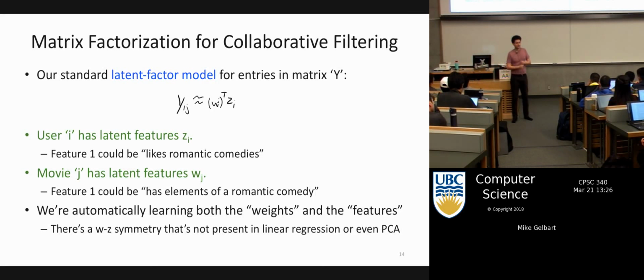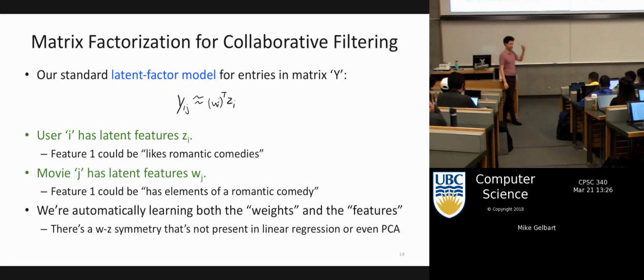But now, users, movies, whatever, they're all kind of things that we care about. It's not really like one is the features and one is the examples. It's that the movies are the features for the users, and the users are the features for the movies. So there's this kind of new symmetry. And so W and Z kind of respect that.